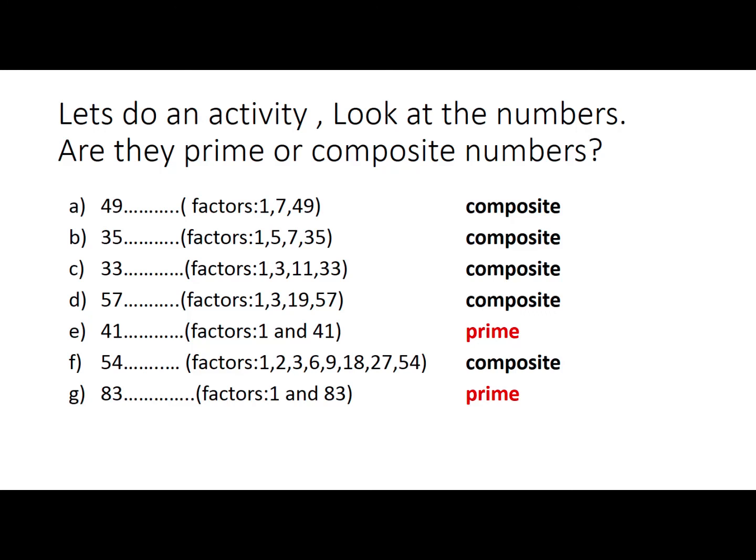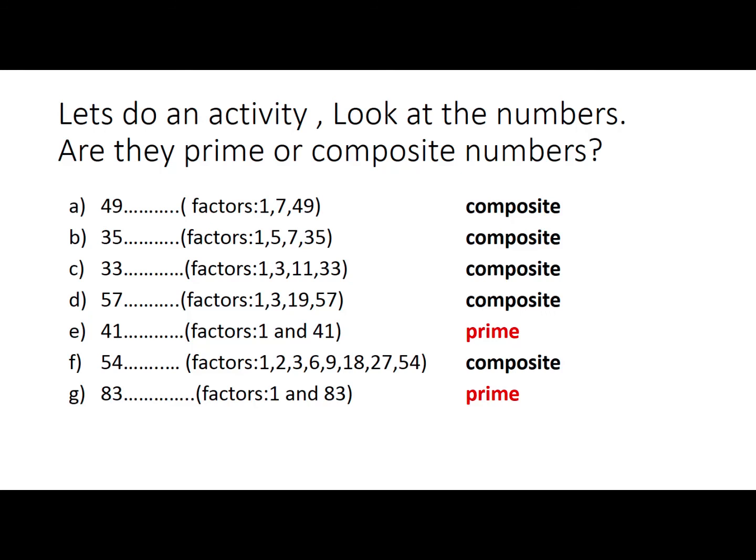So it is a composite number. 33. Factors of 33 are 1, 3, 11, 33. It means it is a composite number. 57. Factors of 57 are 1, 3, 19, 57. It is also a composite number.